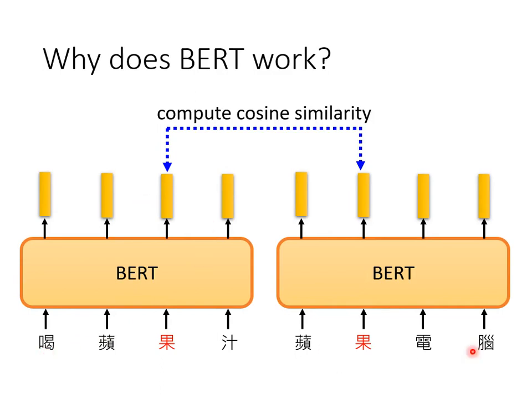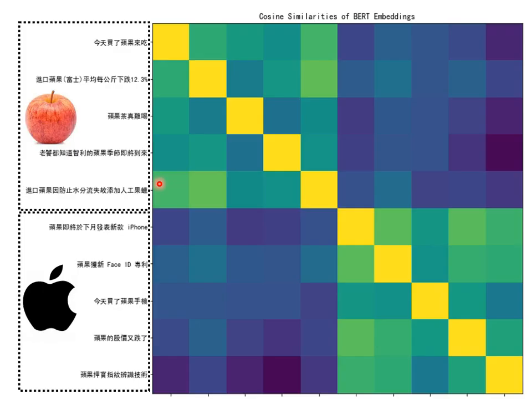Apple MacBook also has a vector for apple. These 2 vectors will not be the same. Why not the same? There is self-attention in the encoder. So according to different contexts of the word apple, the resulting vector will be different. Next, we calculate the cosine similarity between these results. That is, calculate their similarity. The result is like this.